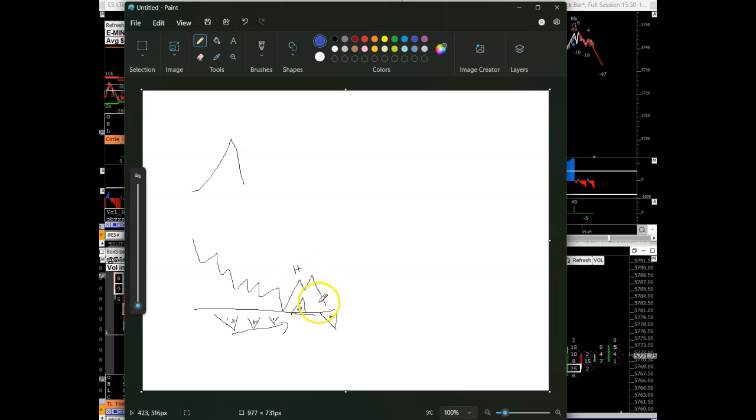All right. So this right here, for some reason, is a very common pattern in that you're going to see a deep move down to test support. This is going to scare a lot of people out, or it's going to bring in shorts. But what you want to do is see the wave before it, which is this.